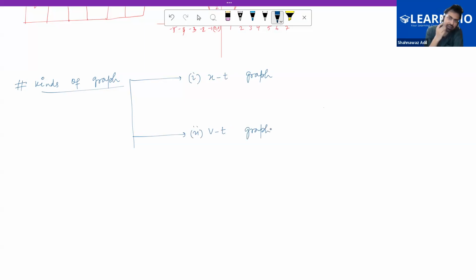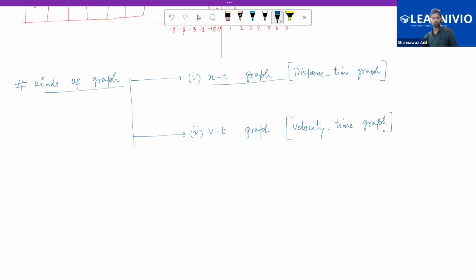What is an XT graph? The XT graph is the position-time graph or distance-time graph, right? And then this is the velocity-time graph.